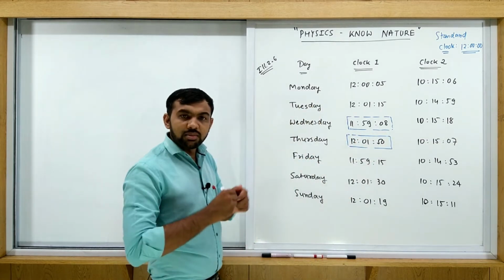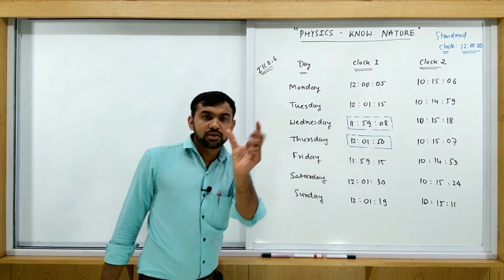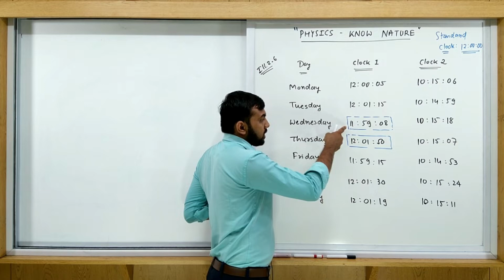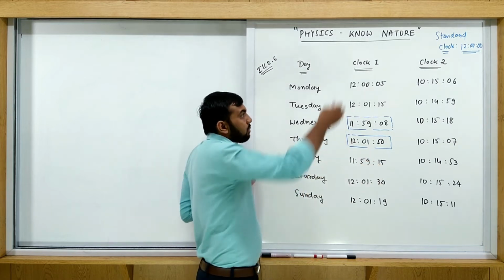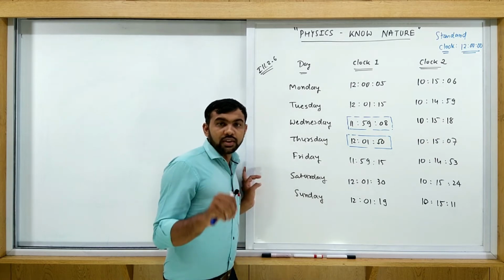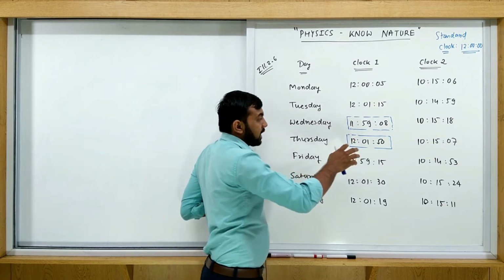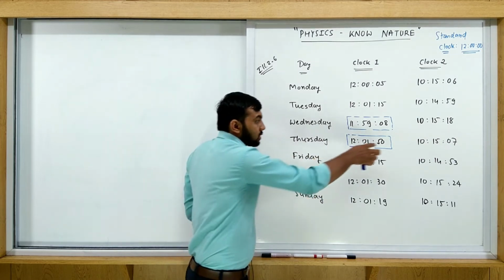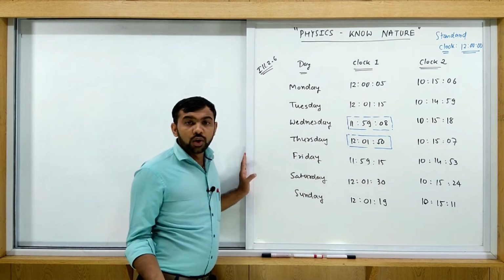You just find the minimum reading and the maximum reading, then find the range. This time represents the time required to complete up to 12 o'clock. So 5908, that is 52 seconds. And this one is the time after 12 o'clock. 1 minute means 60 seconds, plus 50, so 110.